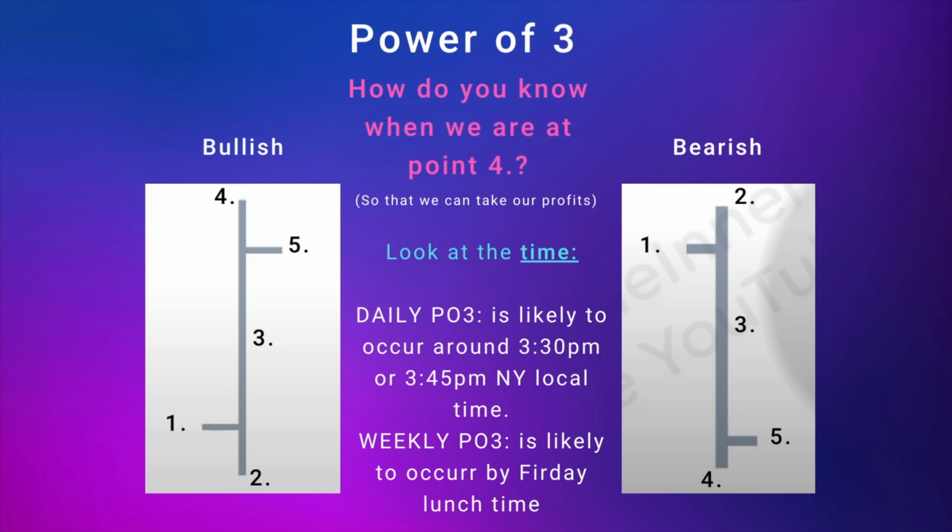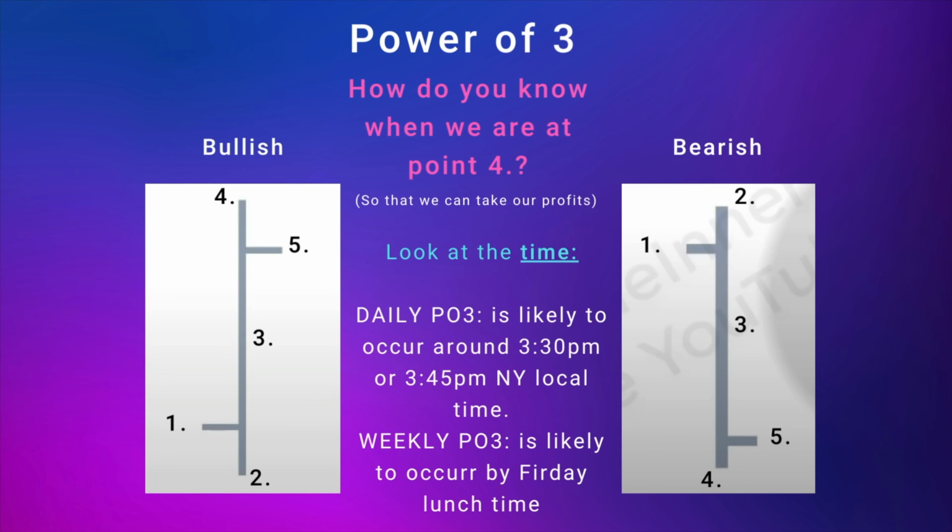On a daily power of 3, the point number 4 is likely to occur around 3:30 p.m. to 3:45 p.m. New York local time. On a weekly power of 3, the point number 4 is likely to occur on Friday before or during lunchtime, the latest.